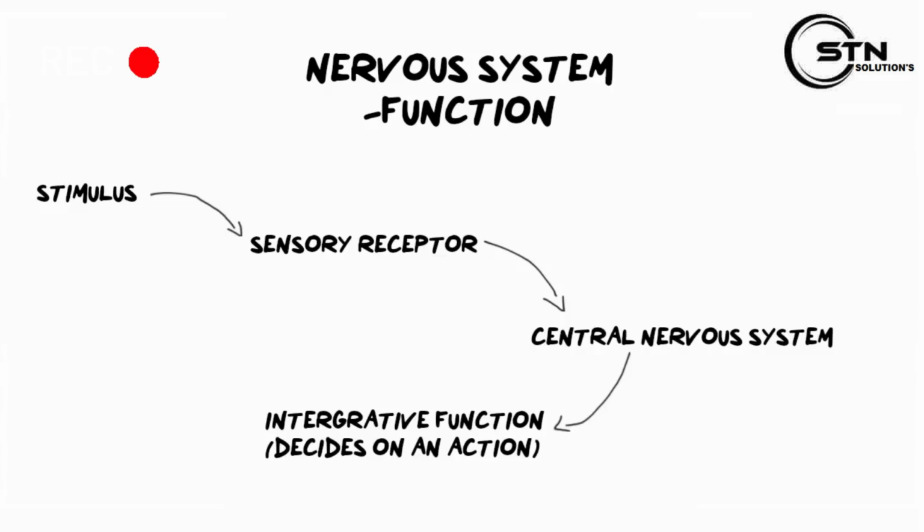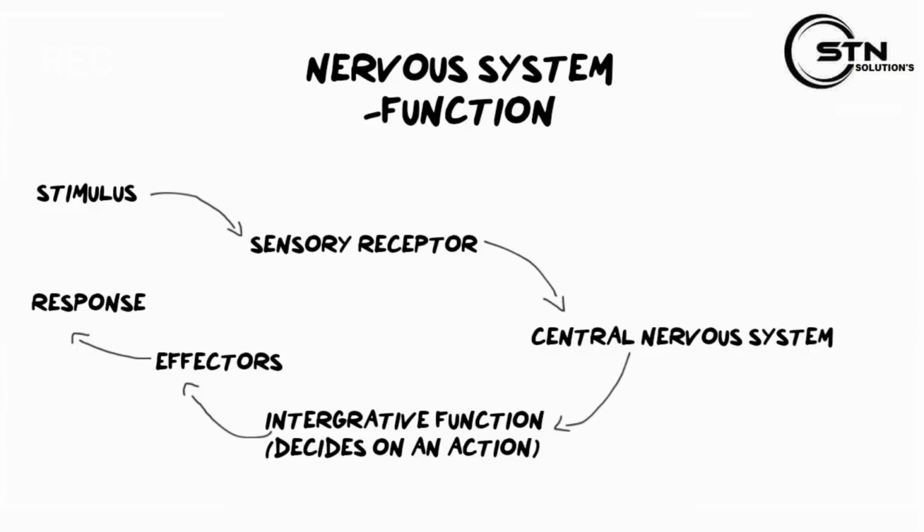Now, once we've made that decision, we need to send that decision to somebody who is going to carry out the response. We call these structures effectors. They are generally muscles or glands, and they respond to this instruction and create some kind of response, which is the final portion of our flow diagram here.